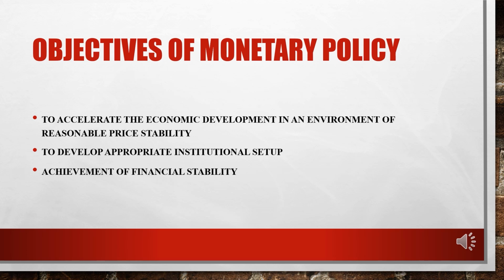Finally, the money supply gets changed and the bank credit gets changed, meaning the amount of loans the banks are giving. If those change, this will have an impact on investment and finally the output. This is the way the whole channel works.